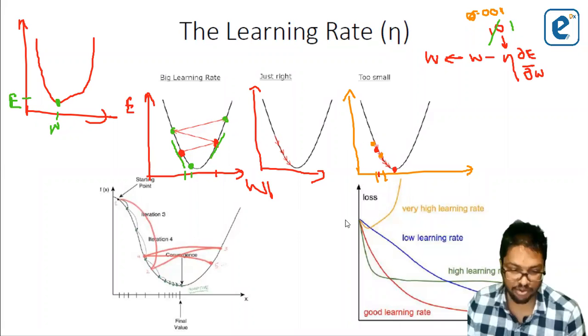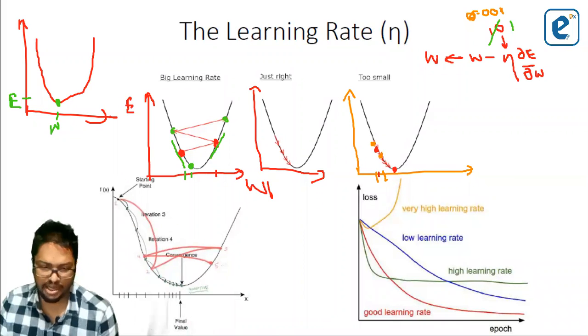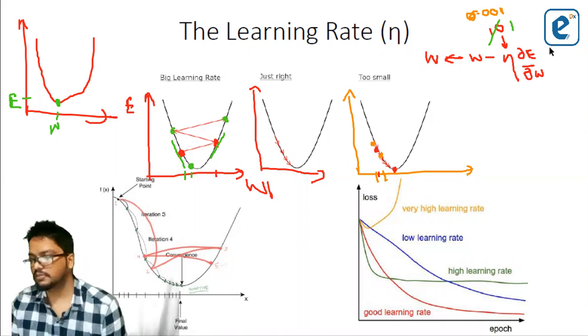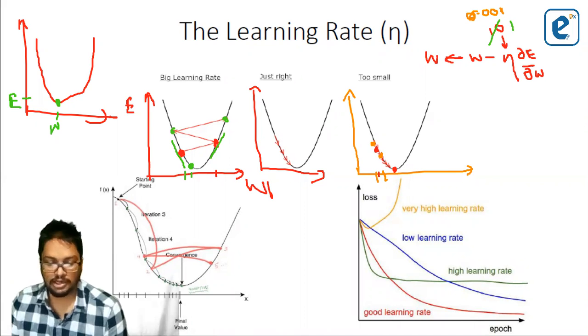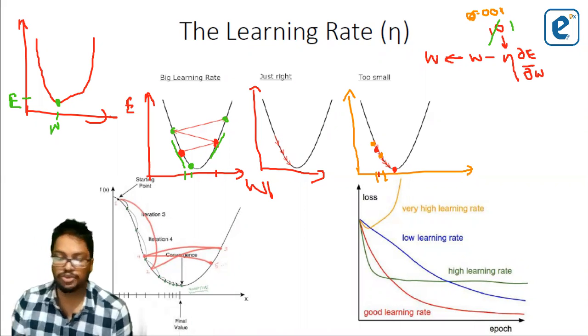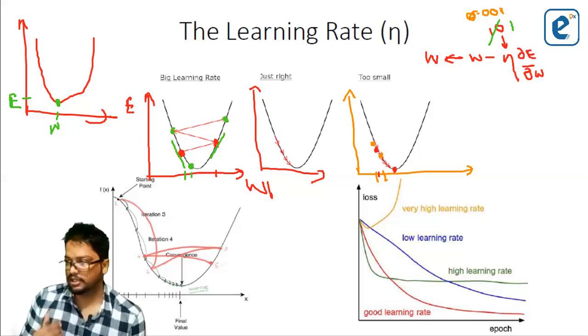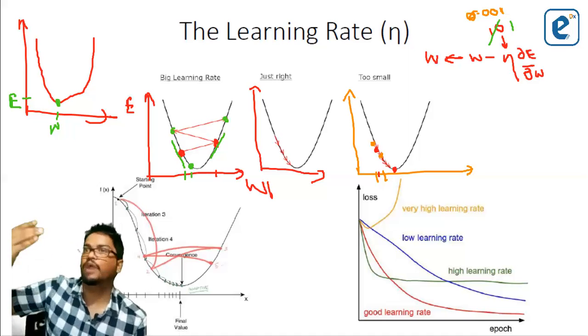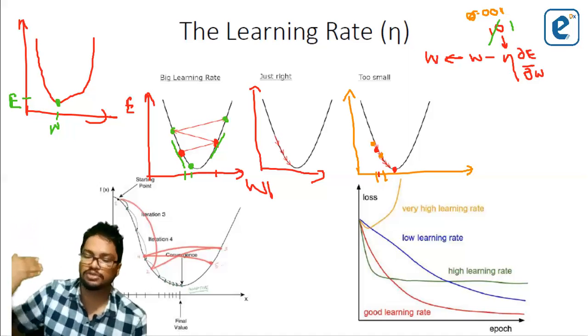Now, in the usual case, the learning rate should be started at a big value, and eventually we reduce the value of the learning rate, right?